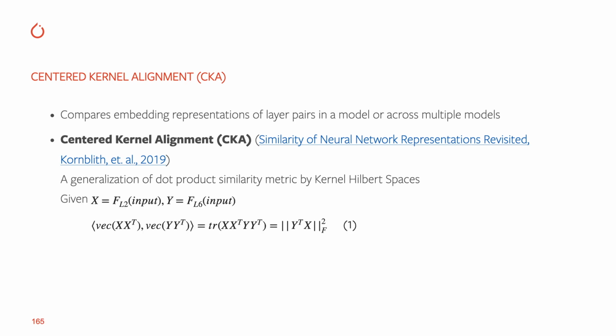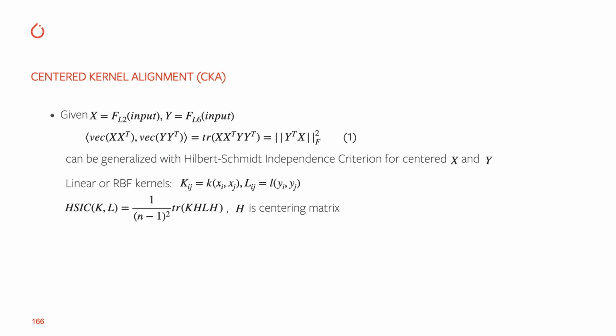Let's assume that X and Y represent the layer activations for L2 and L6 layers respectively. On the left side of equation 1, we have inter-example similarity defined by dot product that is equal to the squared Frobenius norm of the dot product between X and Y representations.